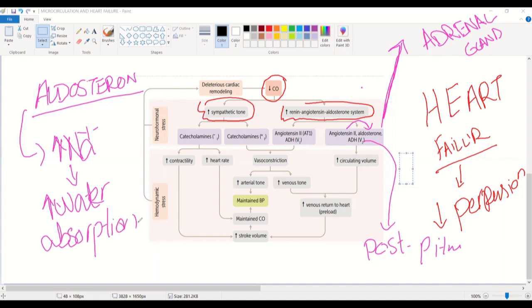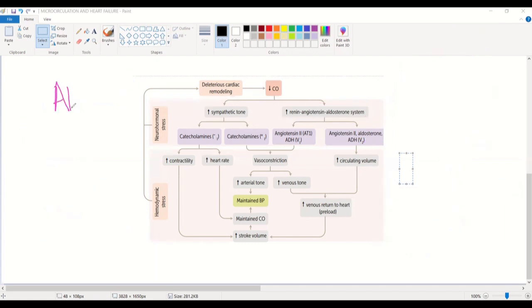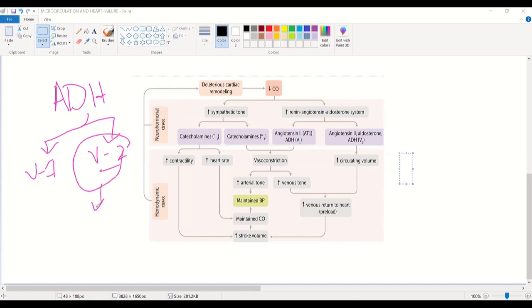Okay. So what does ADH do? It works on water resorption and prevents water loss. It acts on two receptors, V1 and V2. There are many receptors, but the most important are V1 and V2, right? V2 leads to increased aquaporin, the water channel.